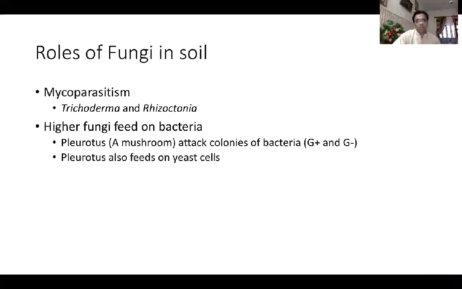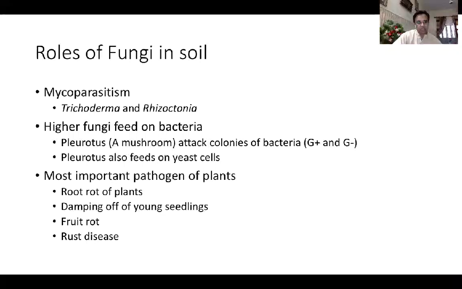So it's a kind of predator role that it is playing. Then the most important pathogens of plants belong to fungi. The most important diseases of plants, like root rot, damping off of young seedlings, fruit rot and rust diseases, all these pathogens belong to fungi.